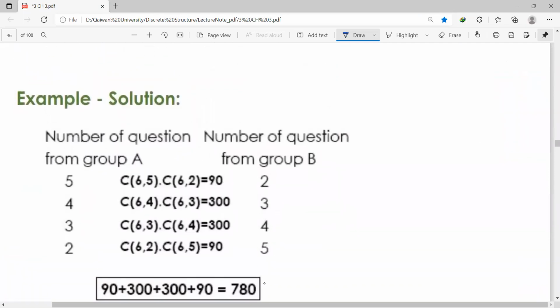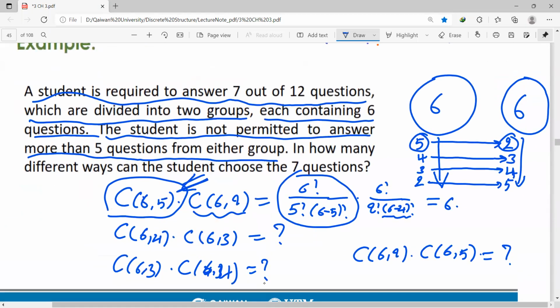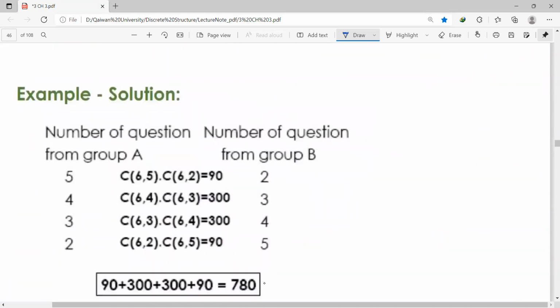Why? We have 180 divided by 4. In the denominator is 6 times 180. Is it? 6 times 180 is, let me check why it's 90 here.